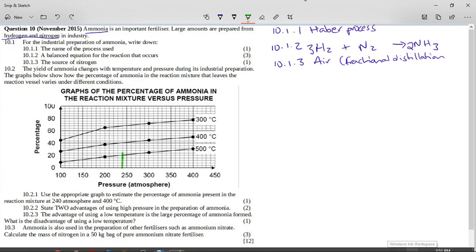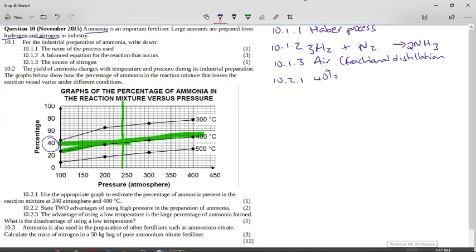Well, this line here is 240 atmospheres, and it says 400 degrees. So for 400 degrees, we must read it off this graph here. Where do these two intersect? They intersect there at 40%. So at 10.2.1, the percentage of ammonia is 40%.